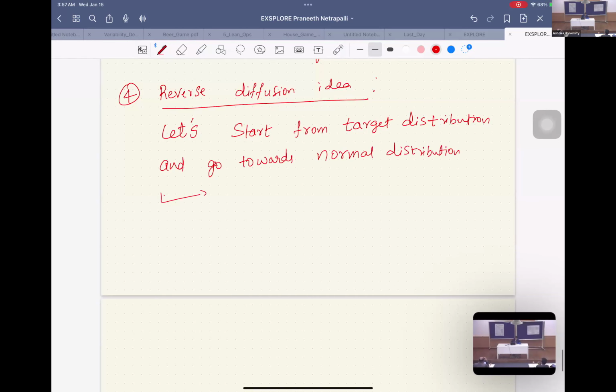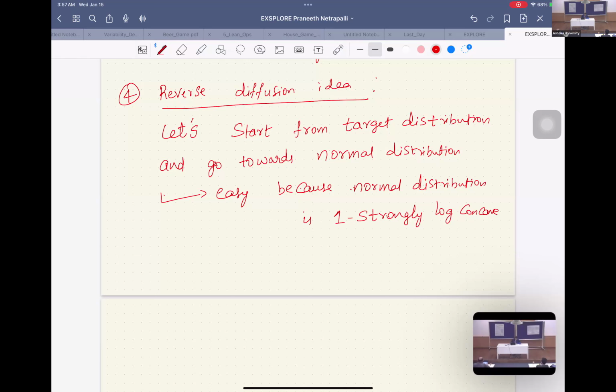Okay, so firstly, this is easy because the normal distribution is one strongly log-concave, right?